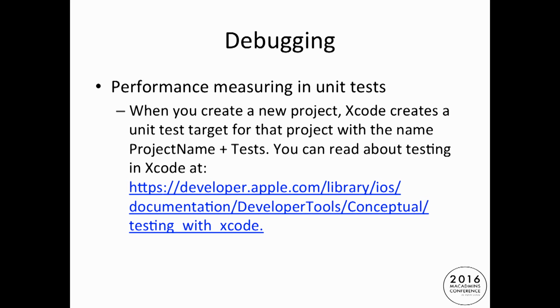Sure, you've been taught that since the first day of programming. You have a value going into a function and coming out of the function, and you want to know what that value is. You take out the print lines later because they cost you efficiency and make your programs slower.